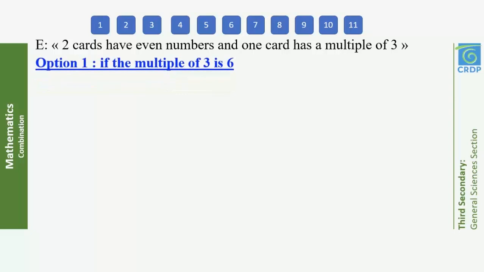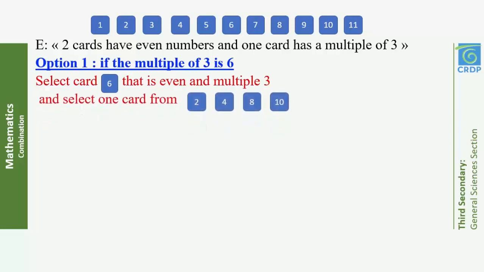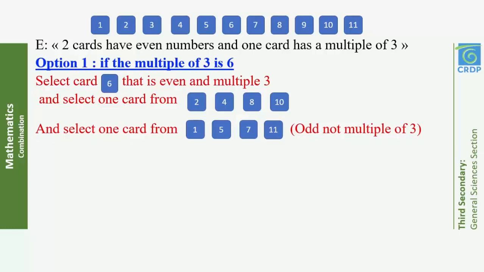In the first option, if the multiple of 3 that is selected was the card number 6, I will need another even card, and I will also need a card that is not a multiple of 3. So I will select the card number 6, which is even and a multiple of 3, and I will select another even card with a card that is not a multiple of 3 and that is odd, so that I'm verifying all conditions of the event.